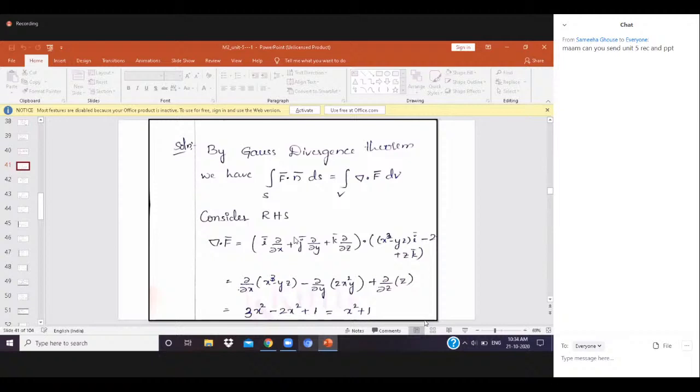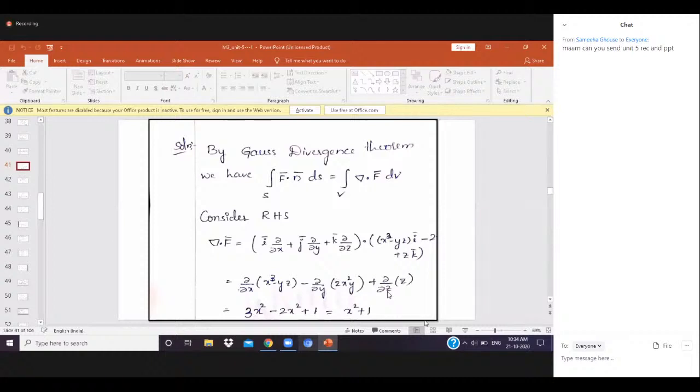Okay, now the RHS side, the divergence of f bar we are calculating. Del is i bar dou by dou x plus j bar dou by dou y plus k bar dou by dou z, dot f bar value. Then it becomes dou by dou x of x cube minus yz, minus dou by dou y of 2x square y, plus dou by dou z of z.